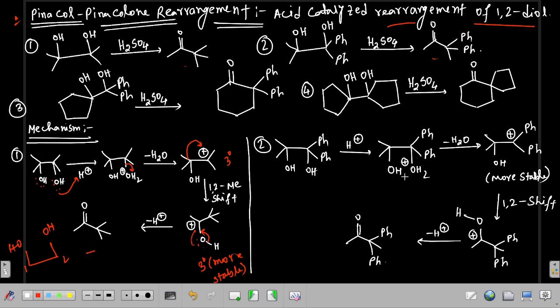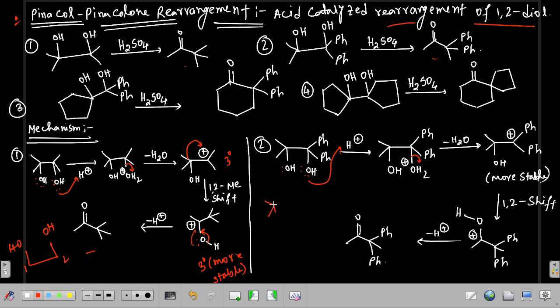Now this hydroxyl group will abstract the proton from the reaction medium. It leads to the formation of OH2 plus, and there will be removal of this H2O, and it leads to the formation of this carbocation. Now you can think like this hydroxyl also can do this.